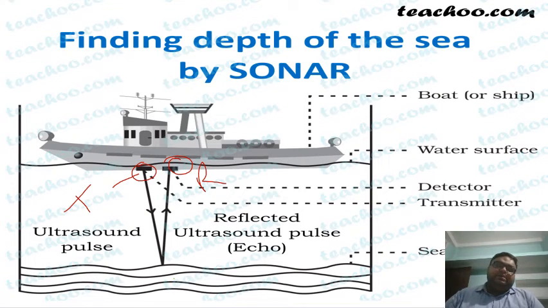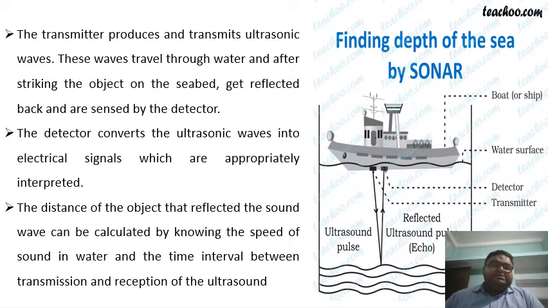Right, students? Okay. So we saw that the transmitter transmits ultrasonic waves. These waves travel through water, and after striking the object on the seabed, they get reflected back. When they are reflected back, they are sensed by the detector.